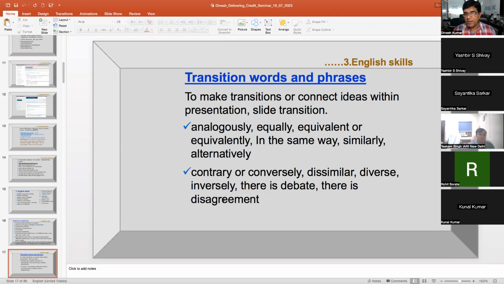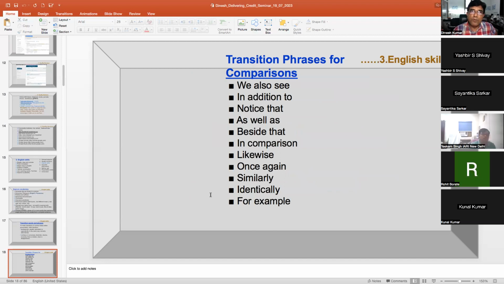There is a debate, there is disagreement like this. And some you can reverse also. So at least some of them we should remember that can be used in your presentation to make it more vibrant, more dynamic, more effective. We should try to use different words every time. Try to avoid using similar words again and again.